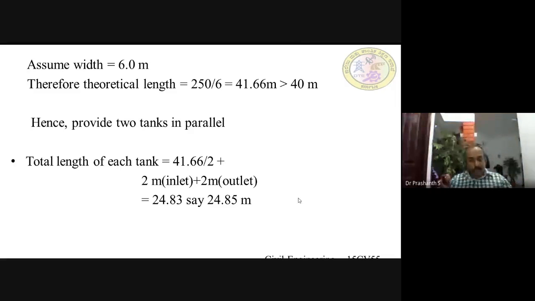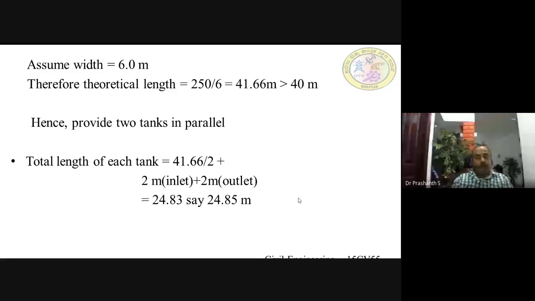So we'll have an inlet zone wherein we construct baffle walls, and there the water is fed into the tank. And again, we won't take the wastewater directly from the sedimentation tanks. We have an outlet zone. So we have to provide an inlet and an outlet zone. So 41.6 divided by 2 plus 2 plus 2 is around 24.85 meters.